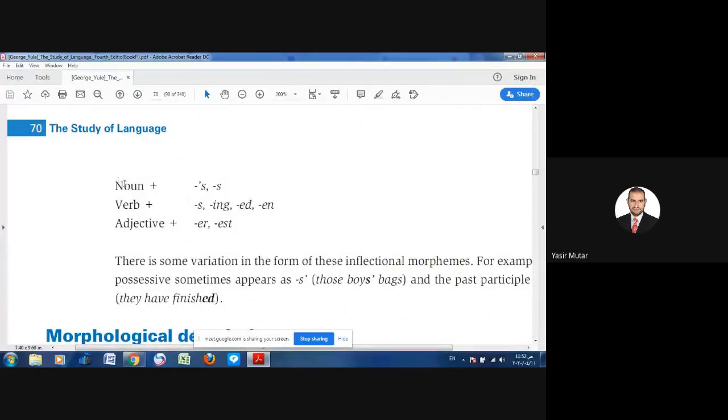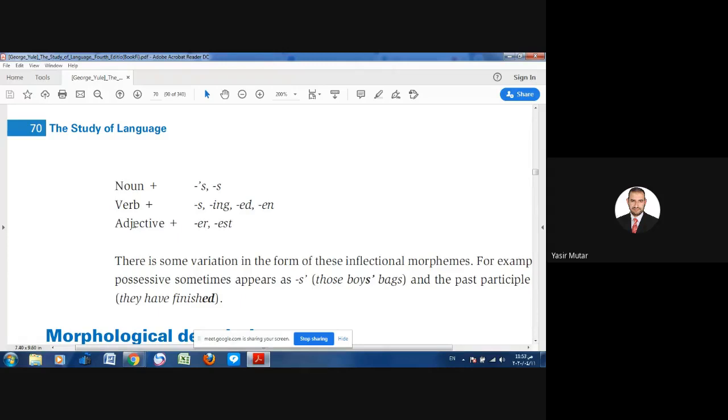Yes, we have this very short diagram, or figure, whichever you choose. These are the inflectional morphemes. With nouns we have just 2. With verbs we have 4.